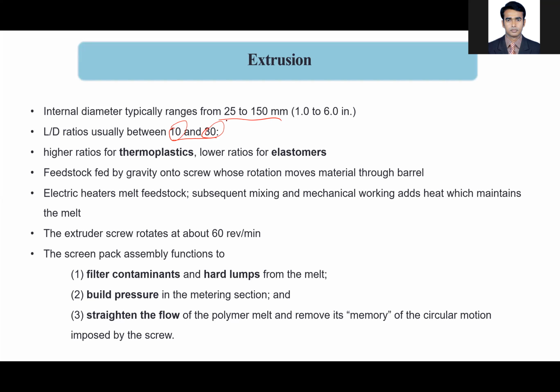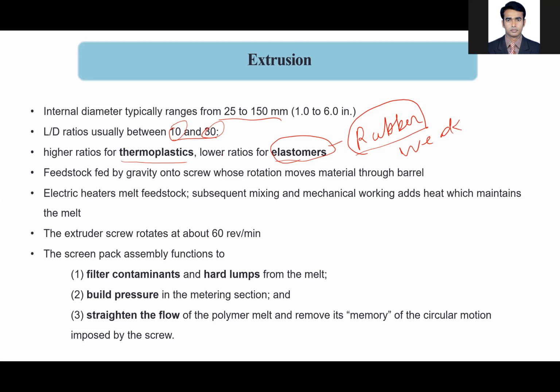It also depends on the material: a higher ratio should be used for thermoplastics, and a lower ratio for elastomers, that means rubber. In rubbers, the bonding between the molecular chains, the bonding between the molecules, is weak.